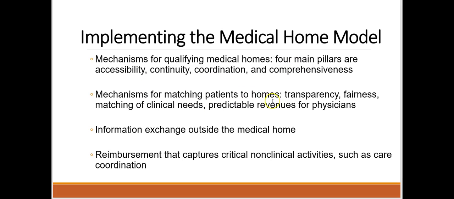Mechanisms for matching patients to homes. So the idea is transparency and fairness, matching of clinical needs, predictable revenues for the physician, and the exchange of information to support patients with varied and complex needs.